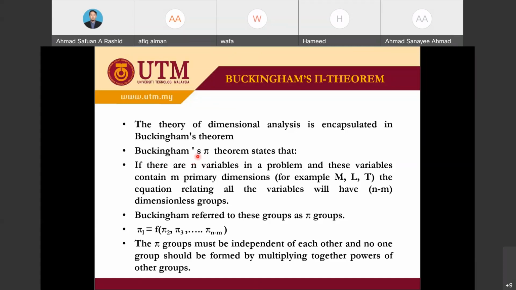So we need to count how many n variables, including the output and also the input.